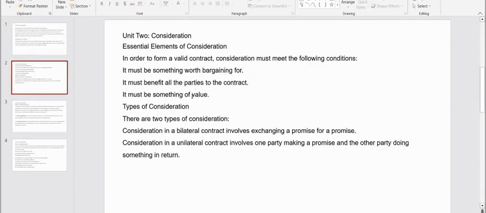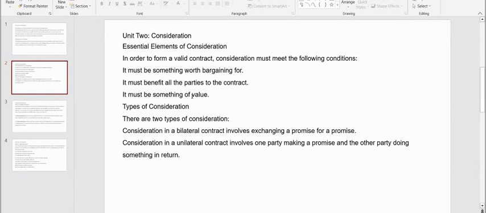Next one, essential elements of consideration. In order to form a valid contract, consideration must meet the following conditions. It must be something worth bargaining for. Let's say the owner gives you the contract. You are the contractor. So he gives you the contract, you read, it must be something worthwhile. That means you must make money.